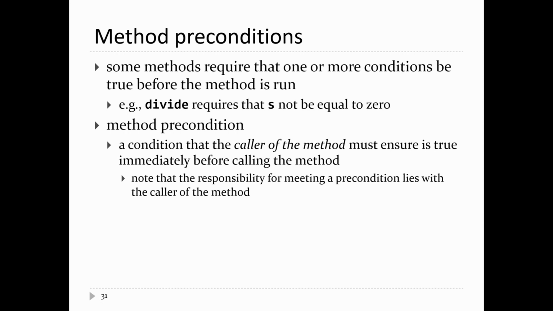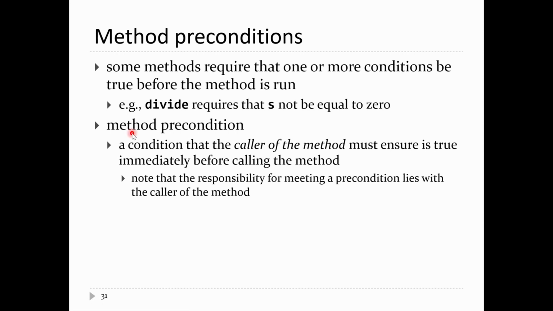So for example, if you have a point and you would like to divide the coordinates of the point by some number, using this method called divide, then it's pretty important that s is not 0, because now you end up with a division by 0 error.